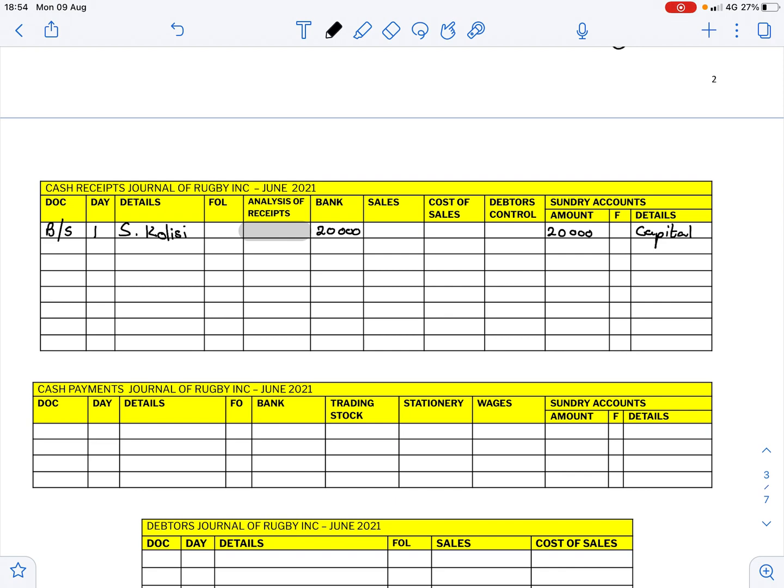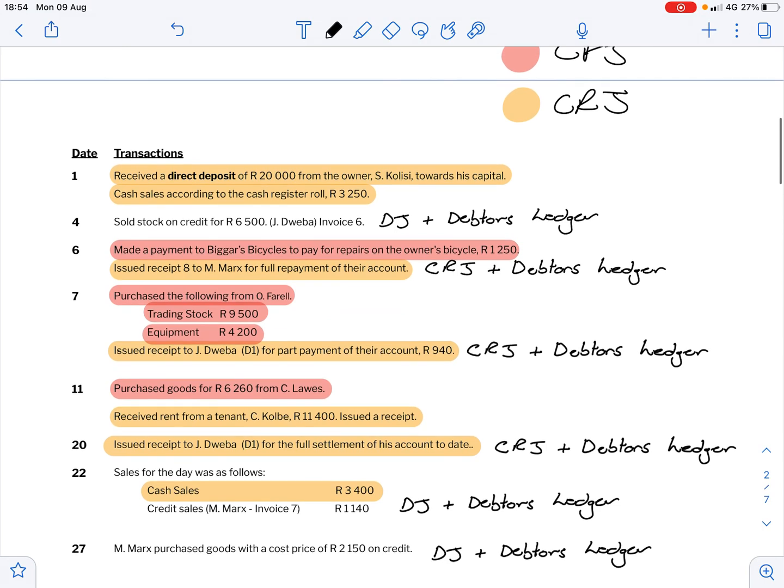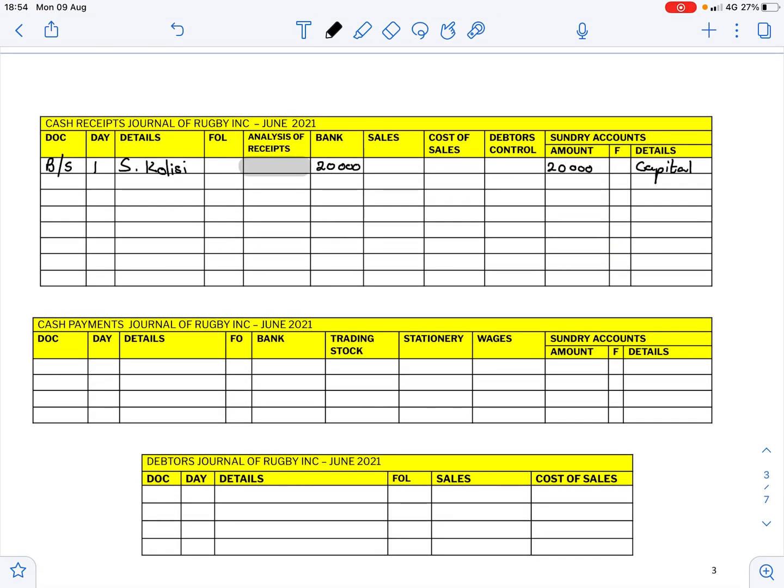Okay, the next transaction that we have in our CRJ is also on the 1st, and we have sales according to the cash register roll at 3,250 Rand. When we have sales, they tell us it was a cash register roll. Our detail was sales. Our analysis of receipts is 3,250 Rand, which goes under bank and sales respectively.